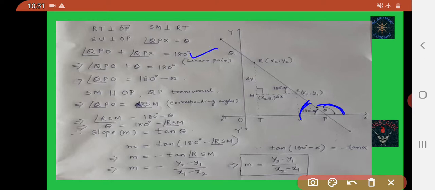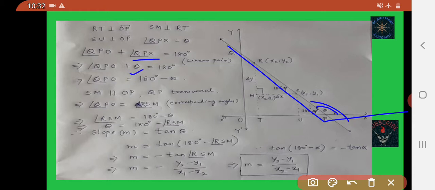Then this angle QPX is theta, so you write theta value here.